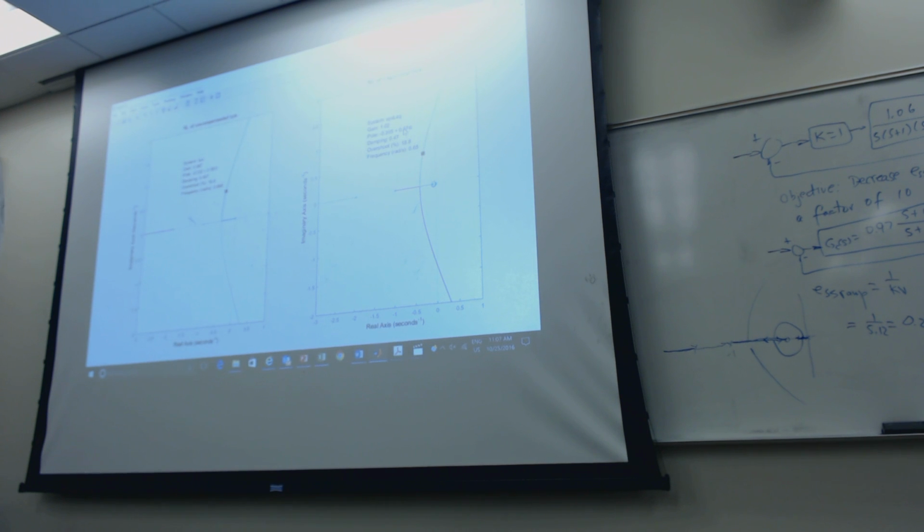In other words, you specify, for example, a damping ratio and an undamped natural frequency for the dominant pole. So the dominant pole basically dominates the response, okay? And so the damping ratio controls the overshoot, right? The peak overshoot.